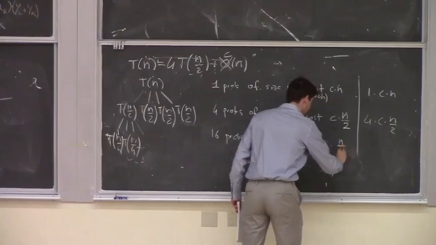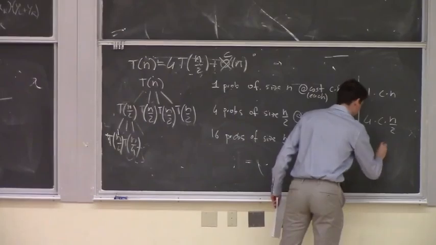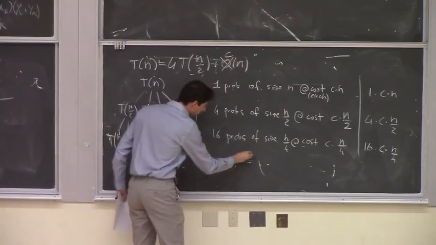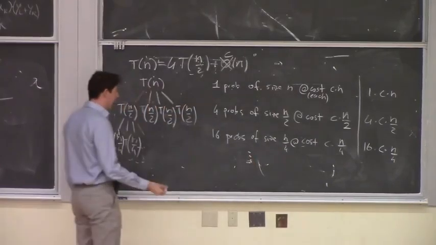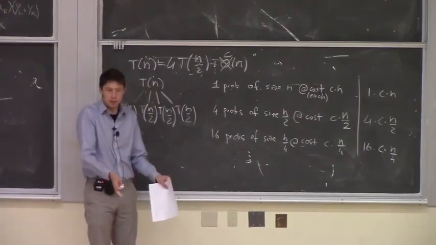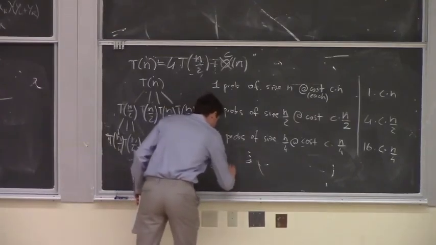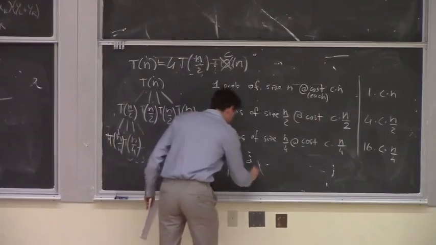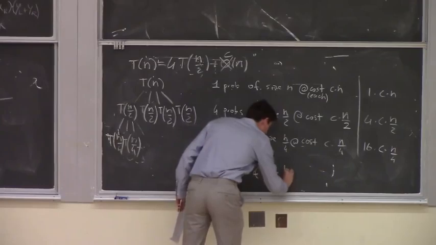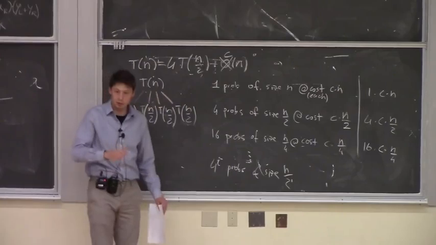C times n over 4, okay? And the total cost is going to be 16 times C times n over 4. Now, in general, when we are at layer, say, i, because we have a fan out of 4 each time, we're going to have 4 to the i problems of size n divided by 2 to the i, because we divide by 2 each time.